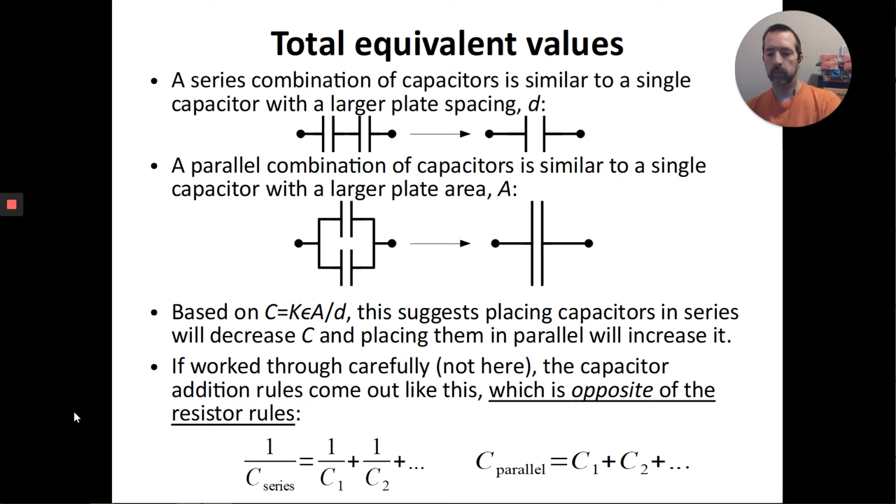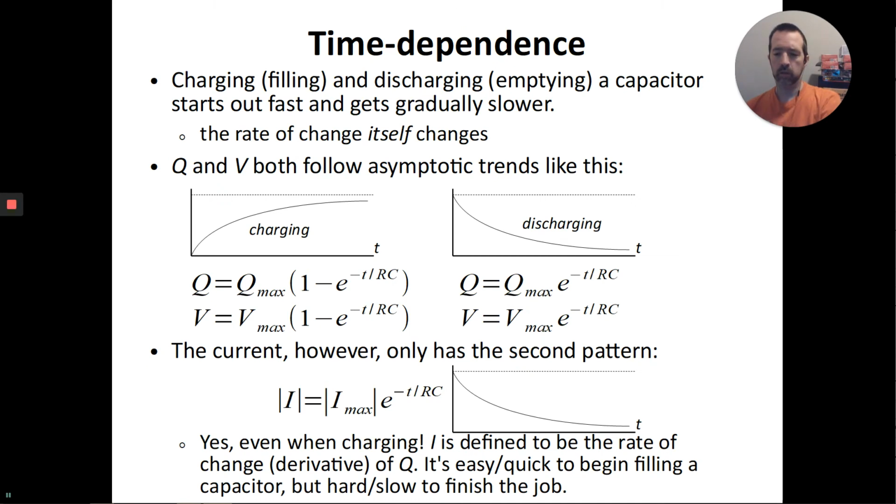Okay. So the series parallel stuff is one of the two big ideas for this week. The other big idea is related to the way the charging and discharging processes actually occur. They take a certain amount of time, which you would have seen if you looked at the simulation video last week.